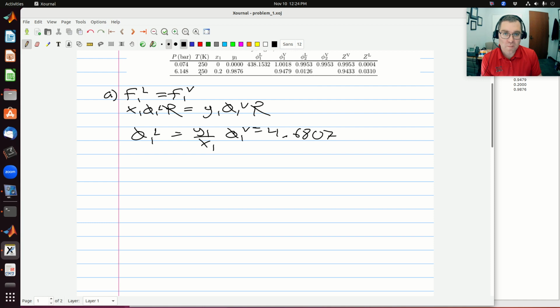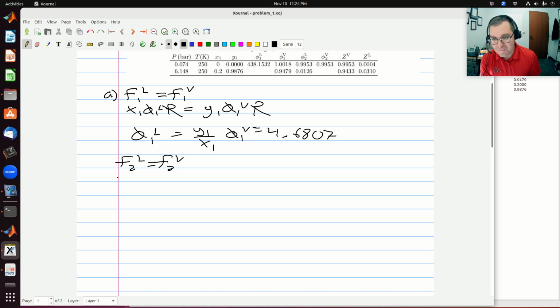So I'm looking along this bottom row, where I'm going to have a two-phase system at coexistence. And so if I do the same thing, I know that phi2, I've got to write my phi2 liquid, F2 liquid is equal to F2 vapor.